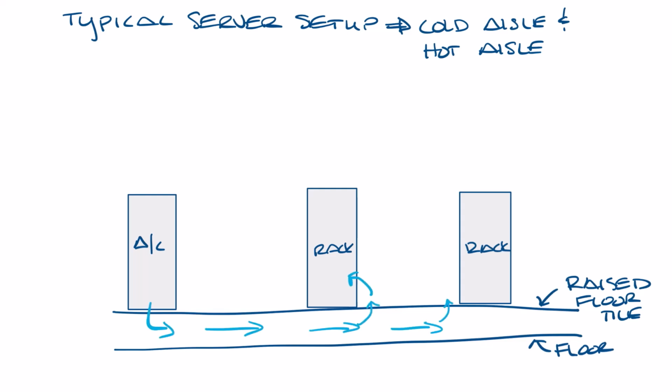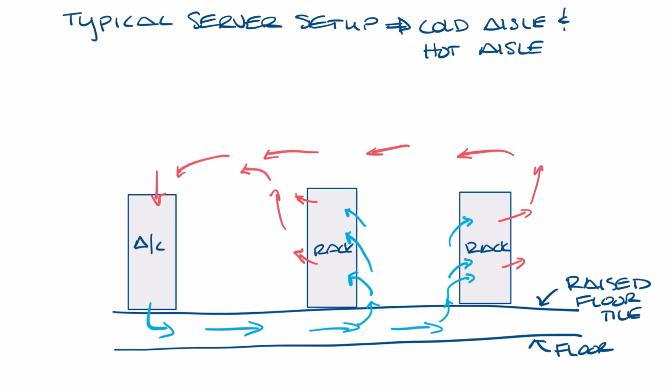This cold air is supplied to the aisle through perforated floor tiles. The air comes up, goes into the server racks, and then heat is rejected out the back side of the server racks. The heat rises and is pulled into the top of the AC unit. There are other arrangements that the airflow can go, but this is the basic idea. That leaves us with a cold aisle and two hot aisles.